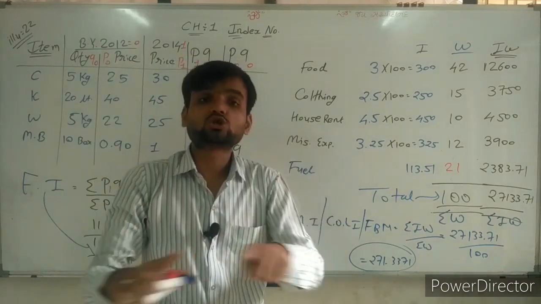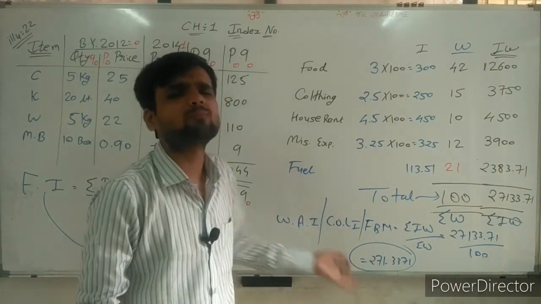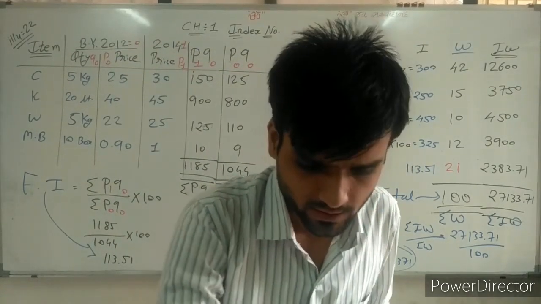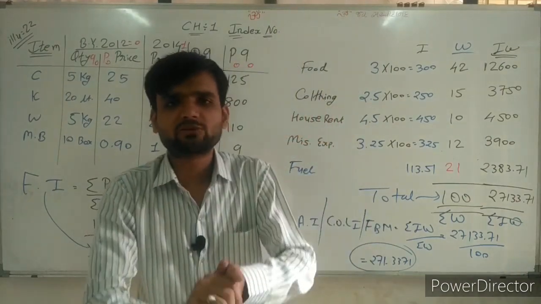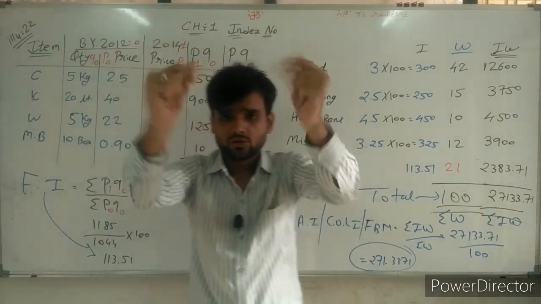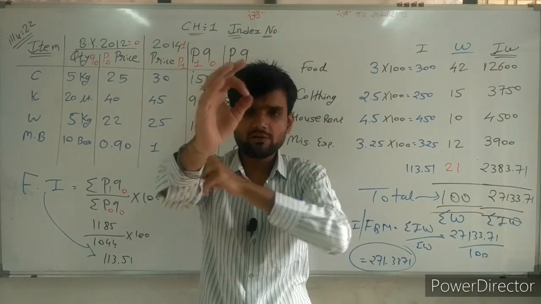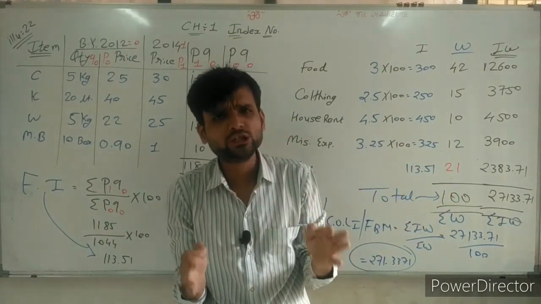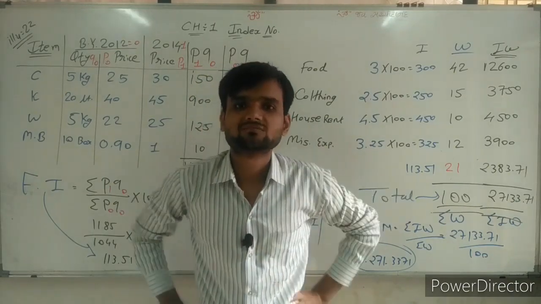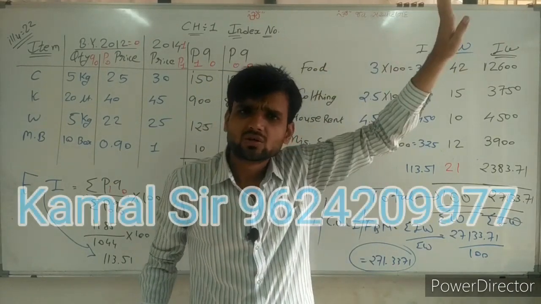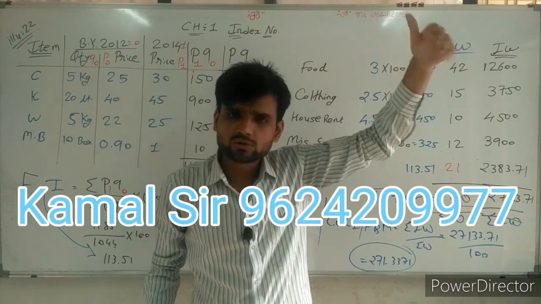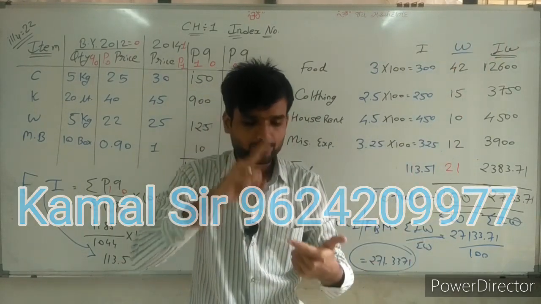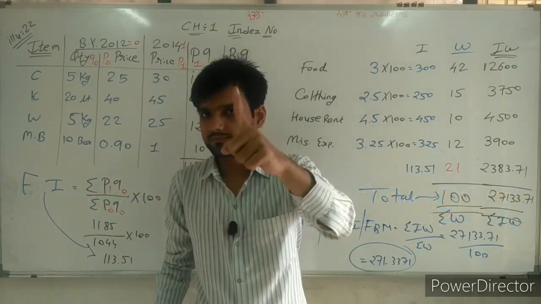Family budget, total cost of living index number. That is very important one here. So students, here my sum is 100% completed. Giving you again a brief of all the things, because this sum is the only unique sum in this chapter. Other sums are normal sums, on which basis we can find this. So again, what is given actually first?